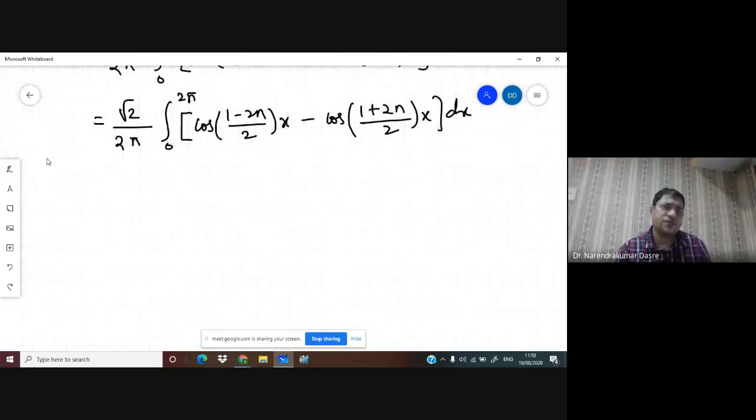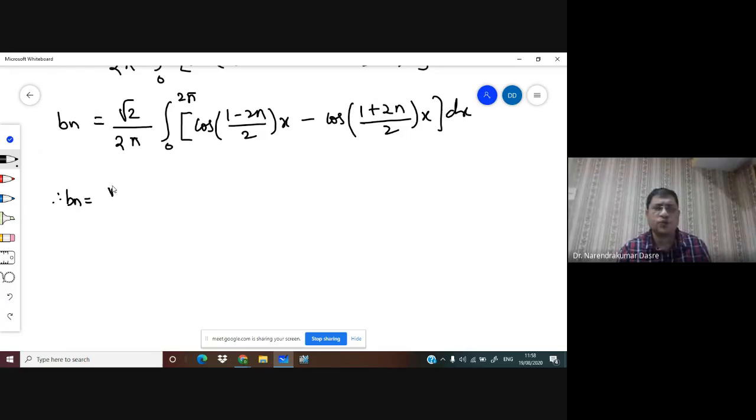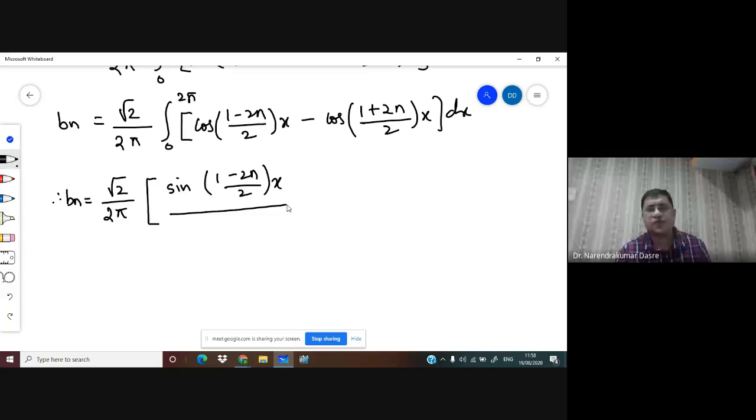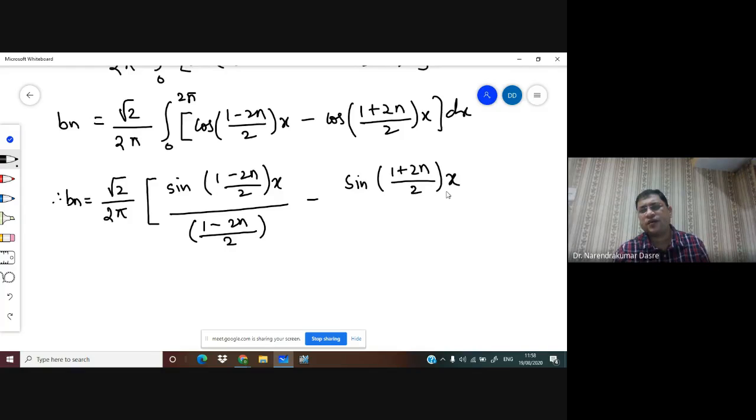We know the integral, so this is b_n. So b_n is equal to root of 2 upon 2π, and here we'll have sine of ((1 minus 2n) by 2)x upon (1 minus 2n) by 2, minus sine of ((1 plus 2n) by 2)x upon (1 plus 2n) by 2, and the limits are 0 to 2π.